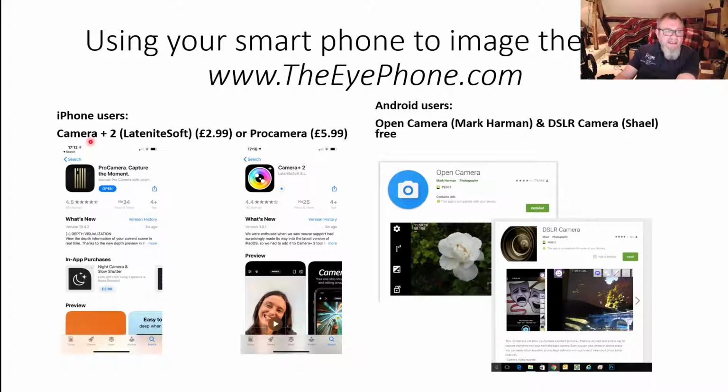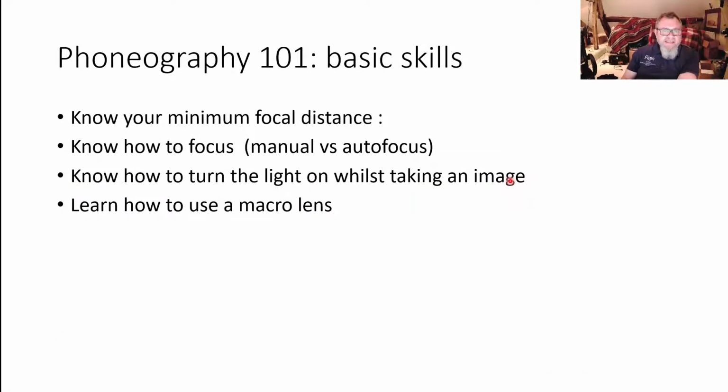Camera Plus, either Camera Plus or Camera Plus 2, is a little bit cheaper and a bit simpler to use, but you can't change the intensity of the light, so you have to start using some sort of diffuser. We use tape. For Android users, Open Camera is a free camera app that is very good, as is DSLR Camera as well. They're both free apps.